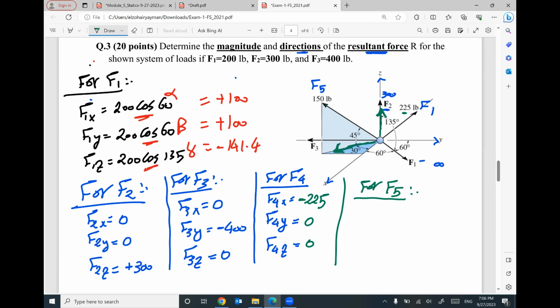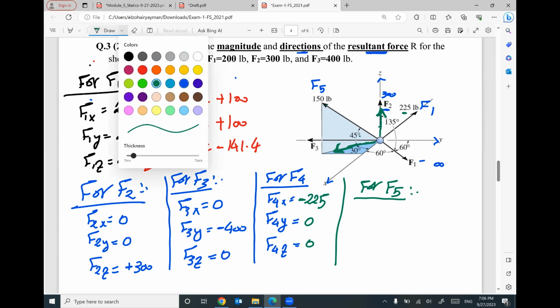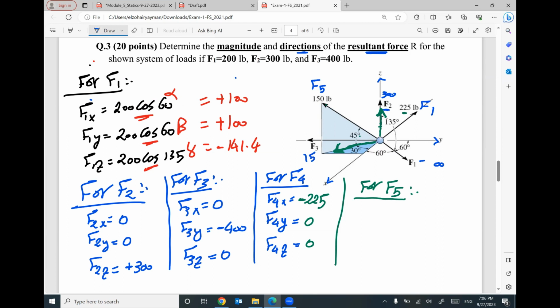What is the angle between the two green lines? 45 degrees. So I will write here 150 cosine 45, because this component is adjacent to the 45. And this one will be 150 sine 45.